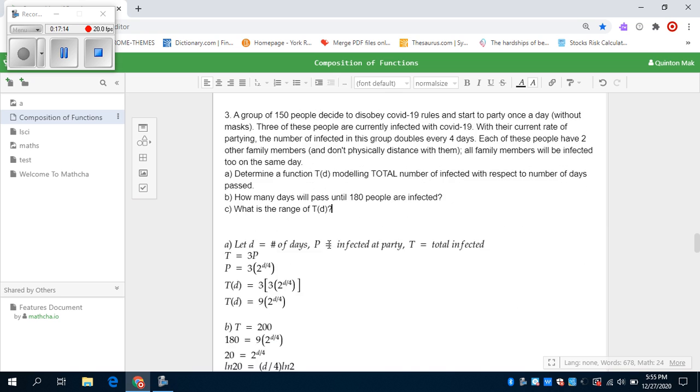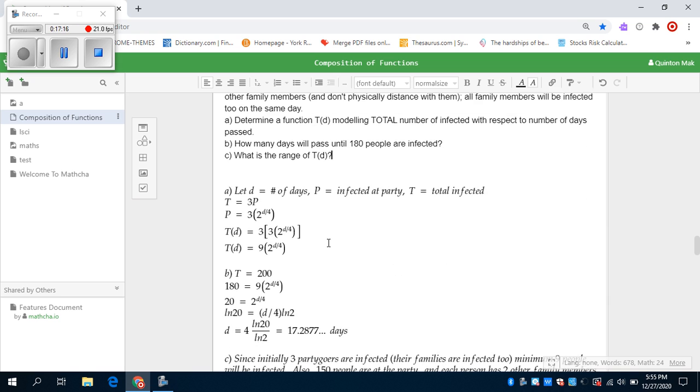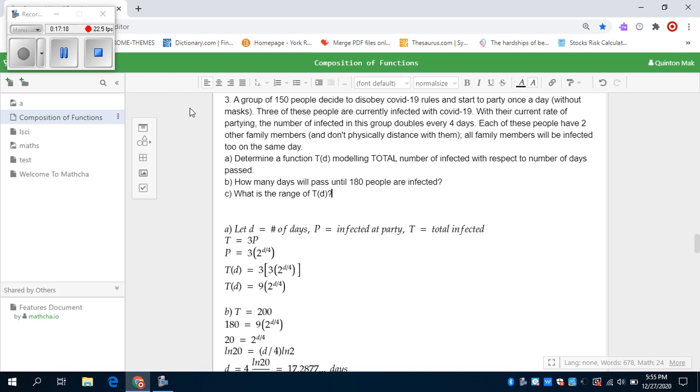Alright, for part A, we let D be number of days, P is the number of infected at the party, and T is the total number of people infected at the party and in the household. So there's 2 other family members, so the total number of people is 3 times the number of people infected at the party. There's 2 family members plus 1 person at the party.